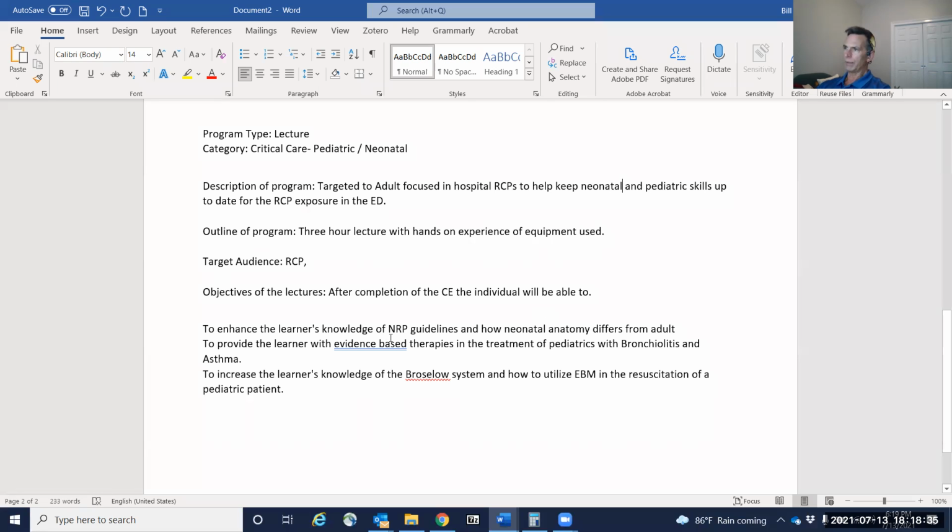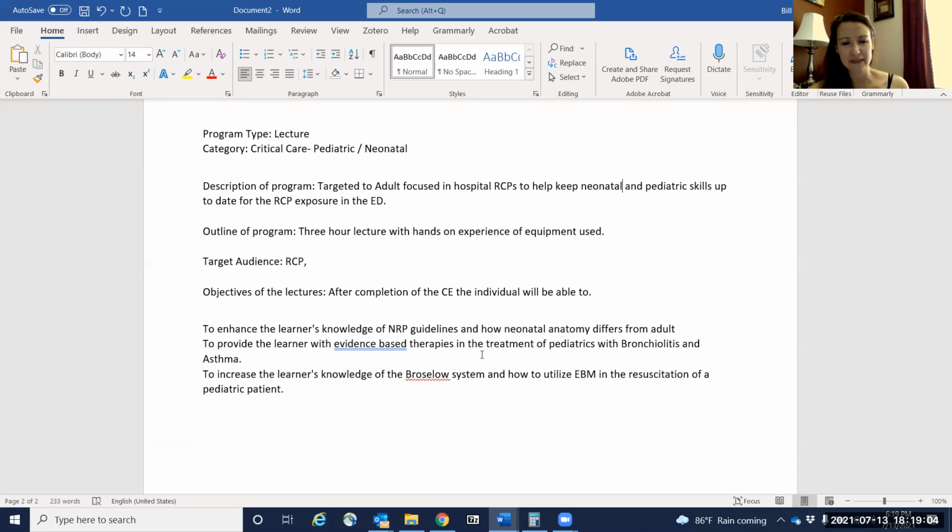To provide the learner with evidence-based therapies in the treatment of pediatric bronchiolitis and asthma. Now, of course, that's going to the general skills of a pediatric specialist. It's measurable. Is there anything that you might improve upon with that one? It's certainly by far better than the one I showed you a few minutes ago.